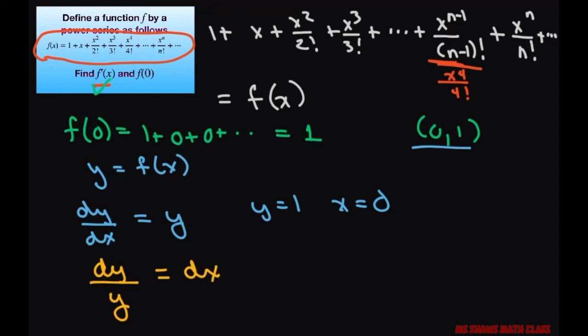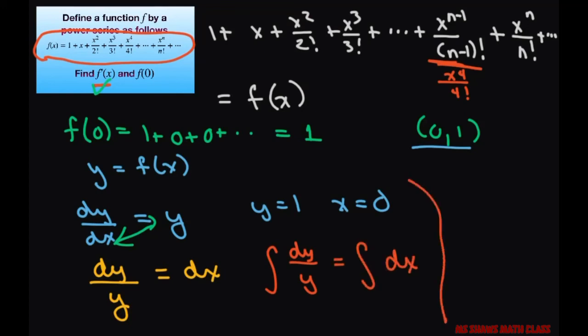All I did here is cross multiply. Now let's integrate both sides of the equation. We get the integral of dy divided by y equals the integral of dx. When you integrate this, ln of the absolute value of y equals x plus c.